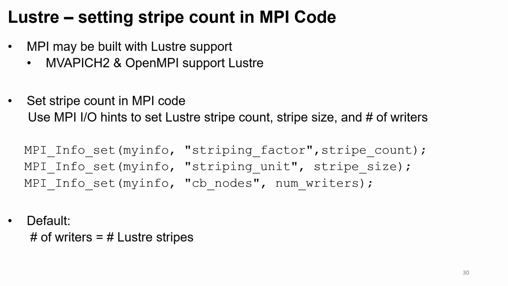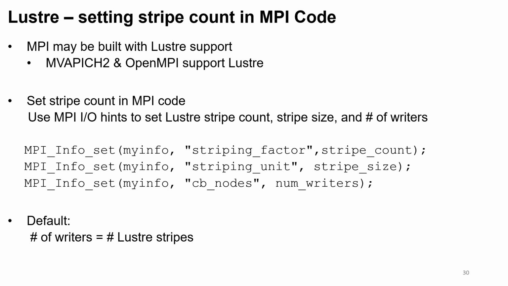The hints for collective buffering can also be passed through a similar mechanism, like we discussed on the previous slide. Here on the slide, I'm showing calls to the MPI_Info_set function, which shows how to set striping factor, striping unit, and the collective buffering nodes.